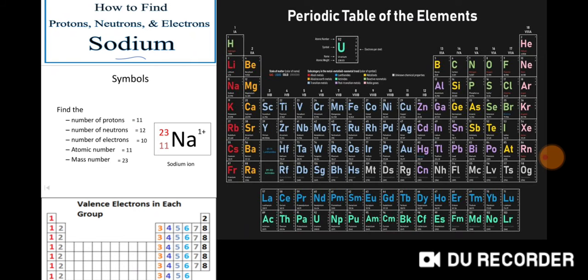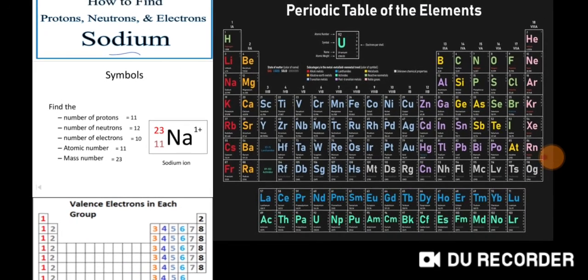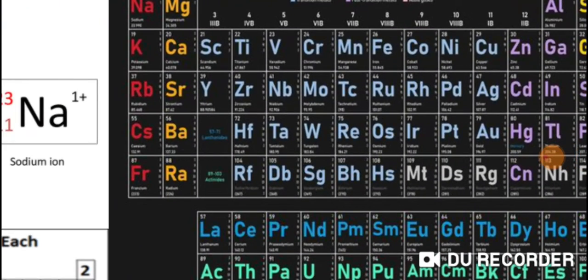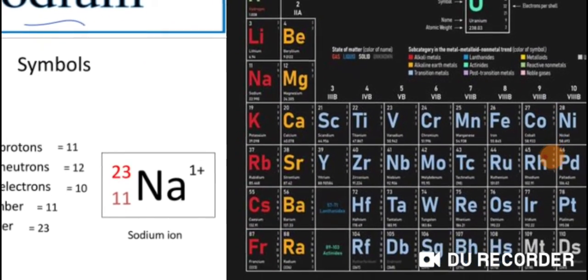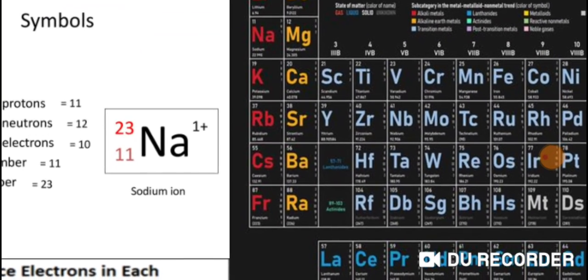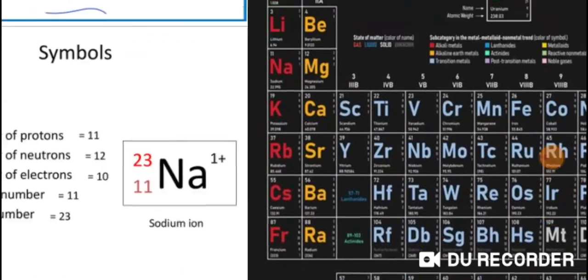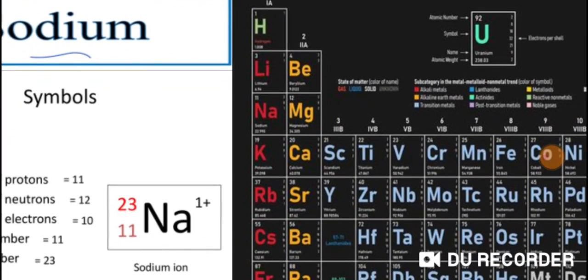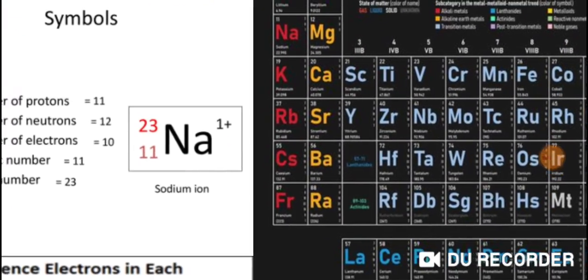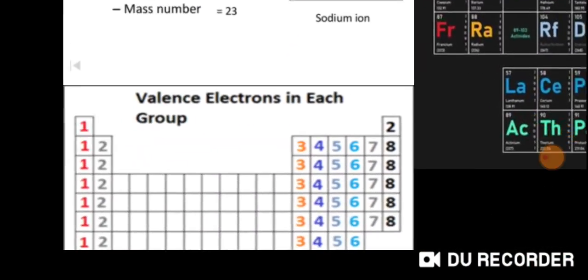So if you can see in the picture, the column number 1, that is the alkali metals, starting from hydrogen, lithium, sodium, potassium, rubidium, the red highlighted ones. Here you can see the red ones: hydrogen, lithium, sodium, potassium, rubidium, cesium, francium. The entire column represents which valency? 1.